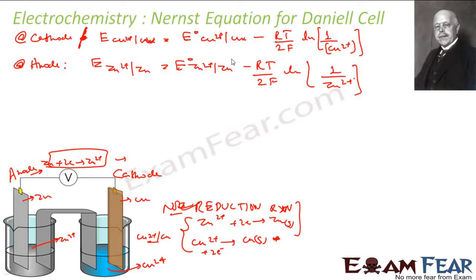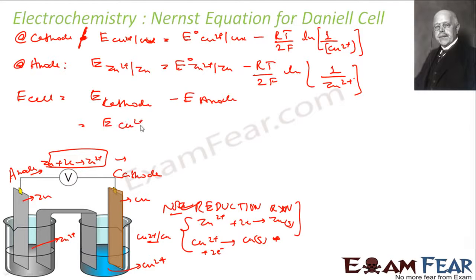But we are writing the reduction reaction in both cases. So we have got cathode and anode, both the value of E. So the cell potential, if you want to find the E cell, is nothing but E cathode minus E anode. Let's subtract these values. E cathode is E of Cu2+ to Cu minus E of Zn2+ to Zn.